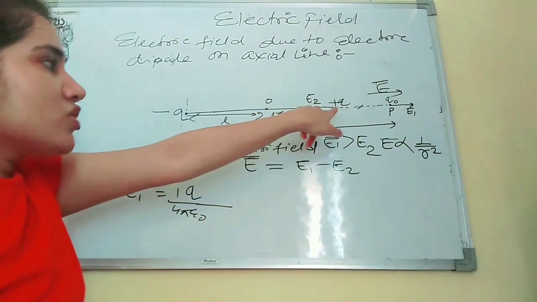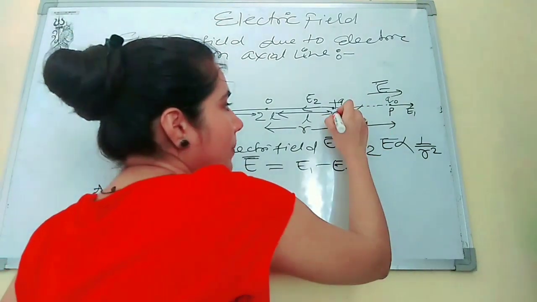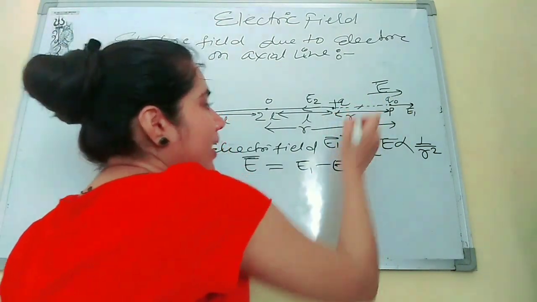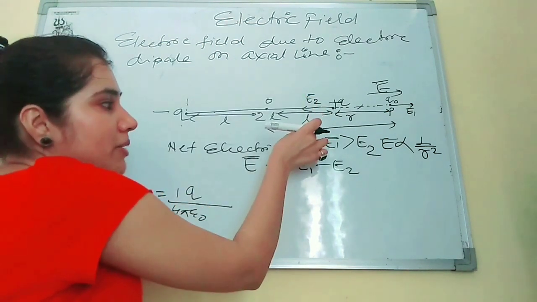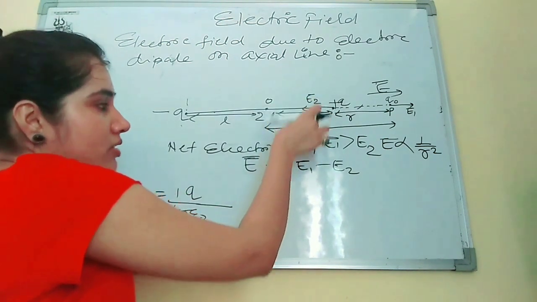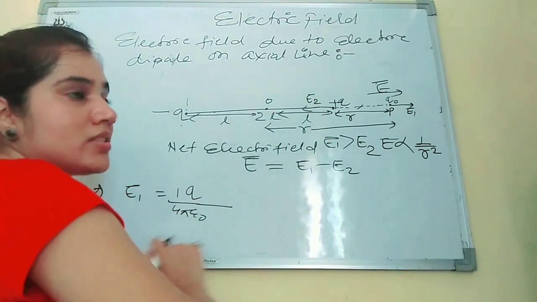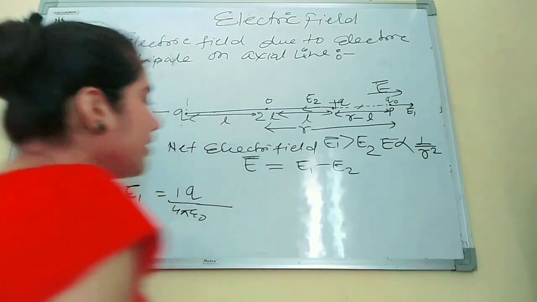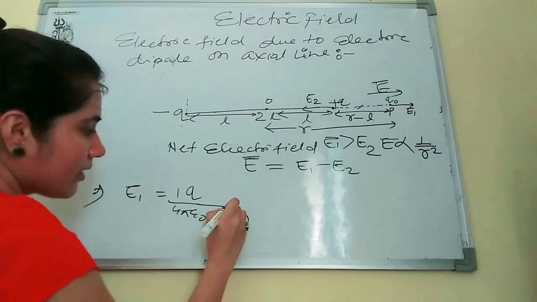But we need the distance from this point to this point. So this will be r, and this distance we know is L. So we will simply subtract this distance from this distance. That will be r minus L. This will be r minus L square.